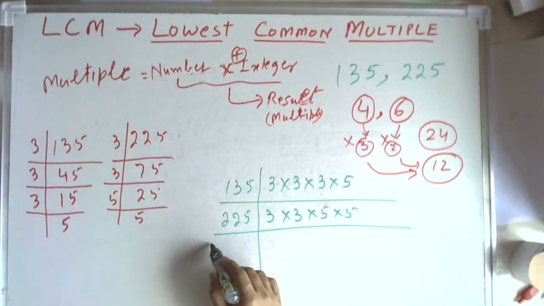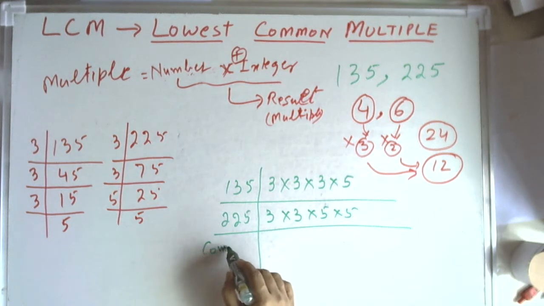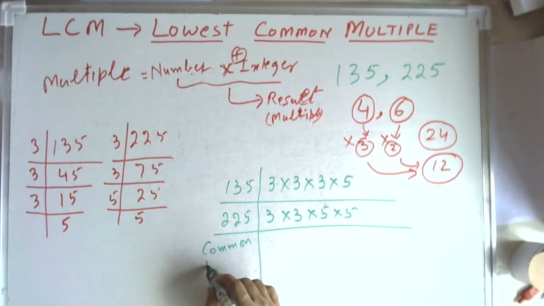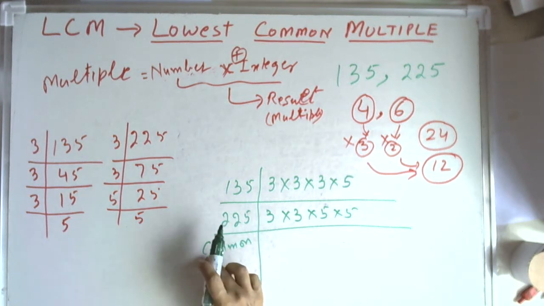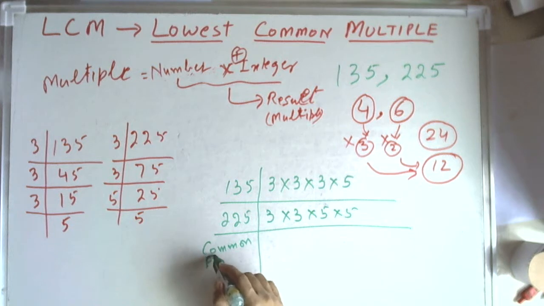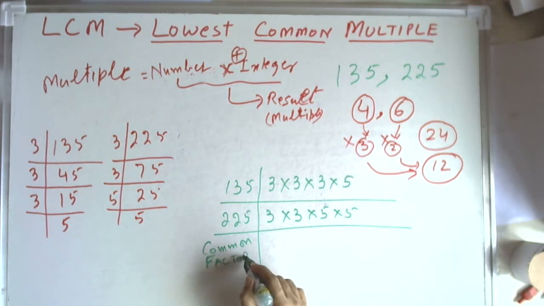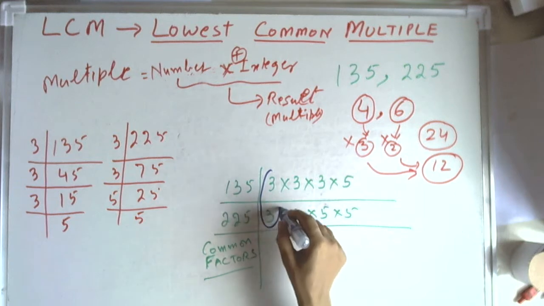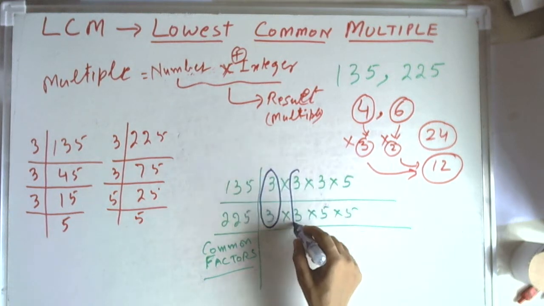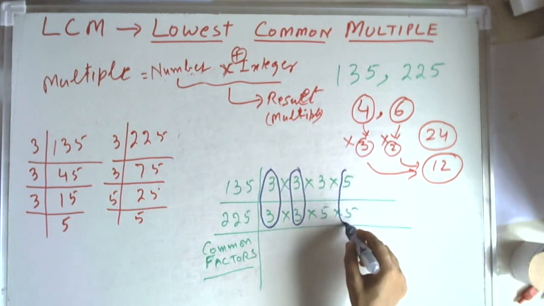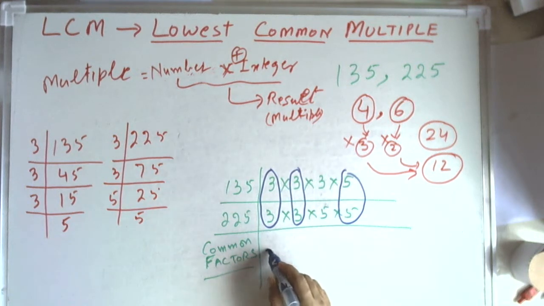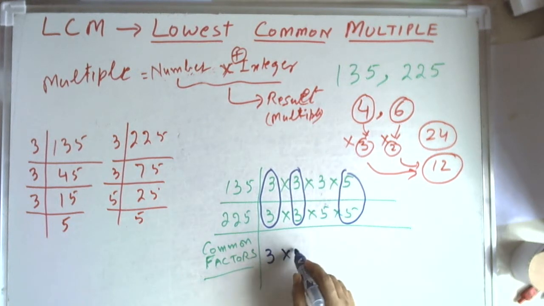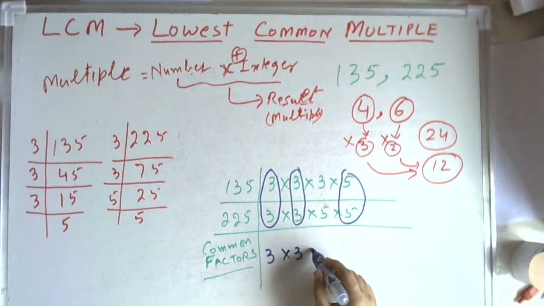Then again what we need to do is find the common factors. When you do the common factors, we know that these and these are common factors. So we write 3 into 3 into 5.